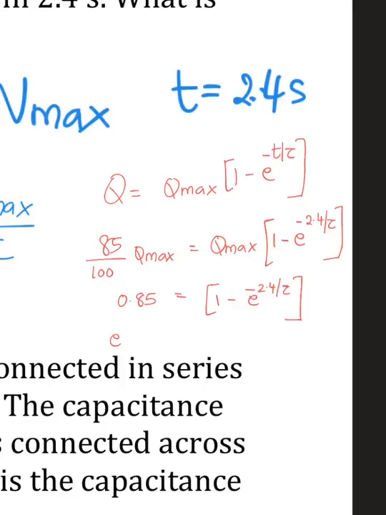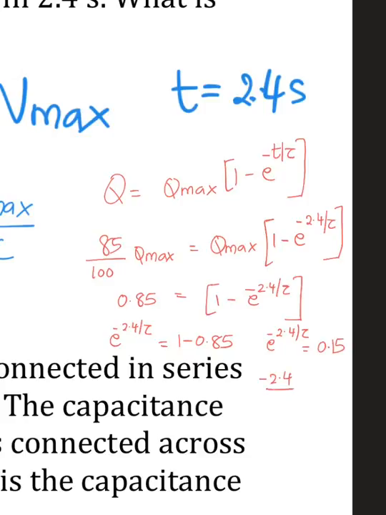So I'm going to just rearrange it. e to the power of negative 2.4 over tau is equal to 1 minus 0.85, which is 0.15, and then take the natural log on both sides.